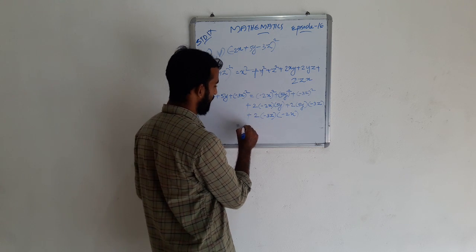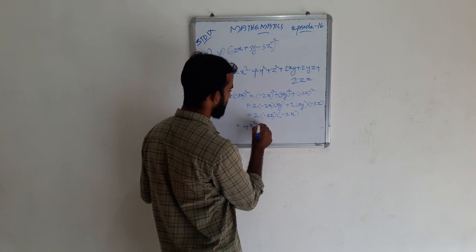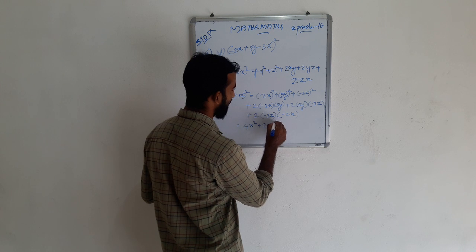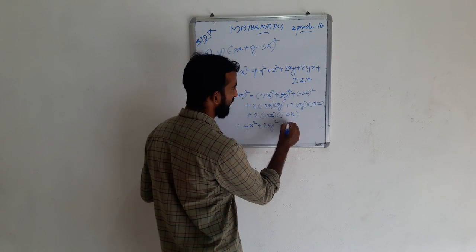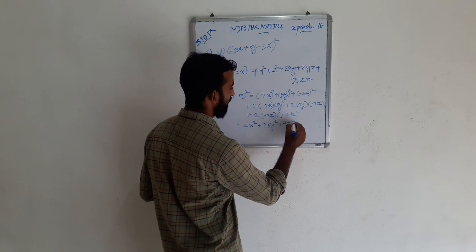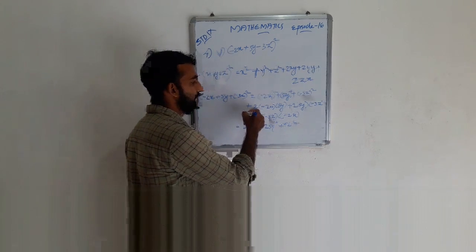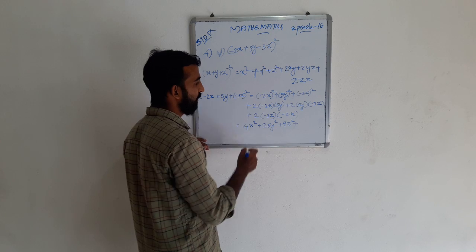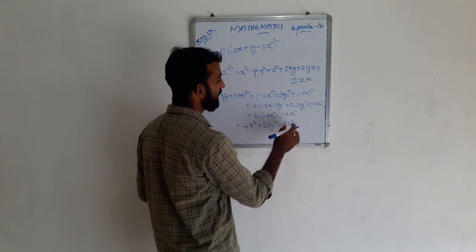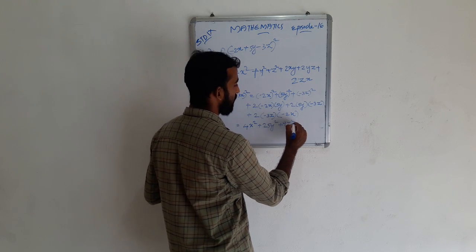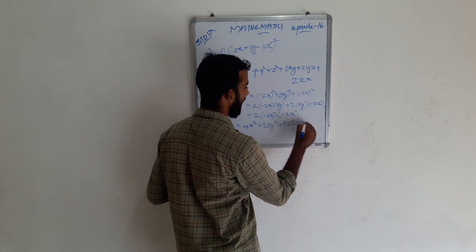We get 4x square plus 25y square plus 9z square plus, here 2 into negative 2 we get negative 4, negative 4 into 5 we get negative 20, so negative 20xy.